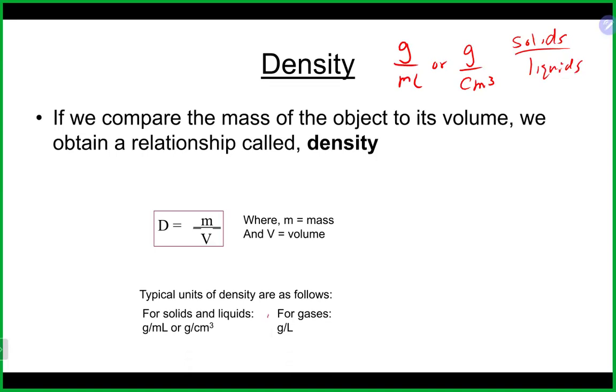We don't deal too much with it in this particular class, but in the next class that you take, usually the density examples are given in grams per liter, the typical density units that you associate with gases. For us in here, grams per milliliter and grams per cubic centimeter are definitely the 2 units that you will see. The number always stays with the grams part, and it's always 1 milliliter or 1 cubic centimeter on the bottom.